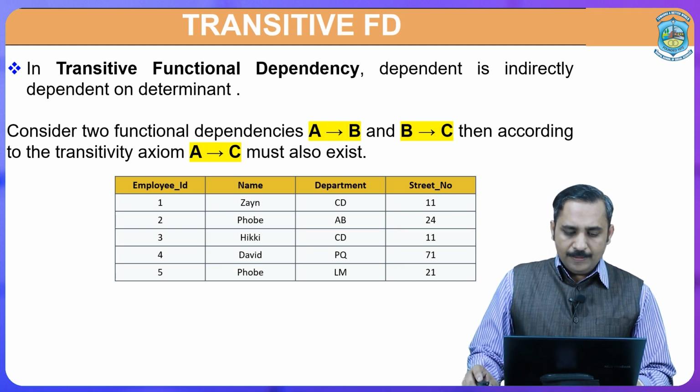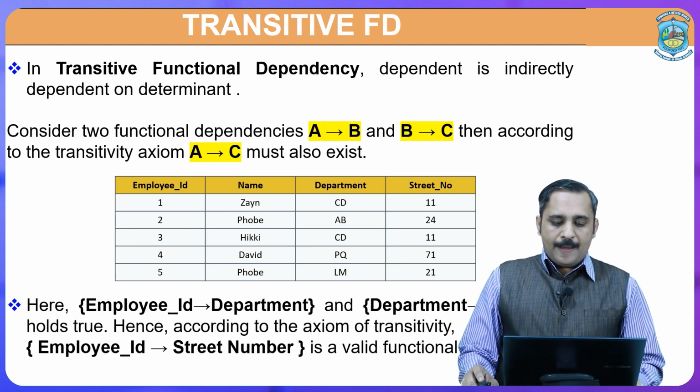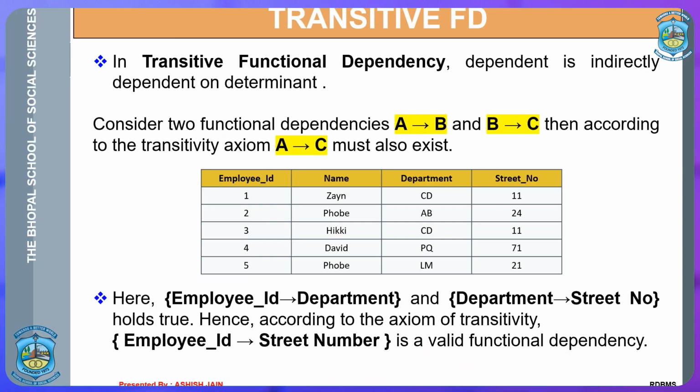We'll take an example here. Here employee ID arrow department, that means department is dependent on employee ID. Similarly, street number is dependent on department.